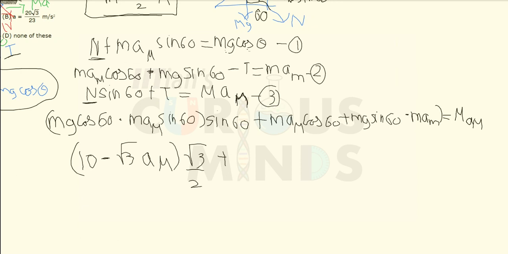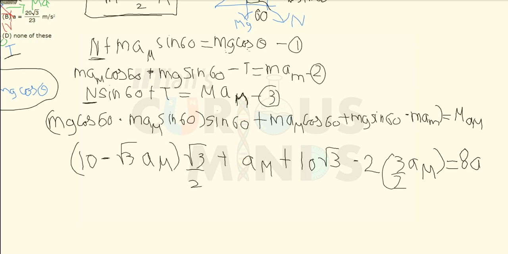So 2 into 10, that is 20 cos 60, which is equal to 10, minus small m, which is 2, A_M into sin 60, which is root 3 by 2, plus small m, which is 2, cos 60 A_M, plus mg, which is 2 into g, equal to 20, sin 60, which is 20 root 3 by 2, equal to 10 root 3, minus the mass of the smaller body, 2, A_m can be written as 3 by 2 A_M, equal to the mass of the larger body, 8 A_M.